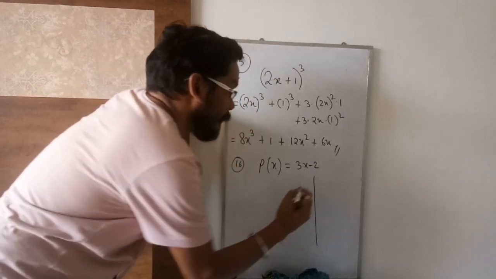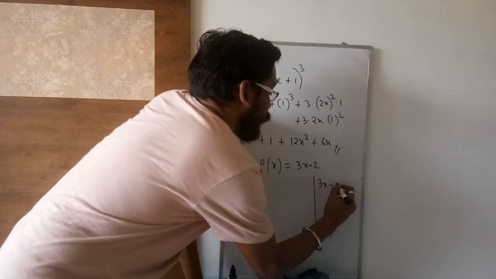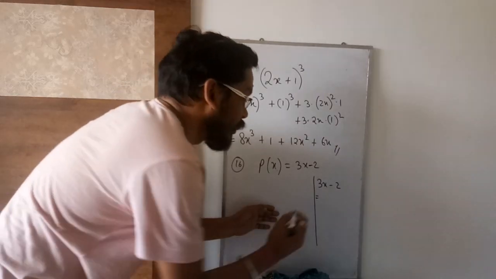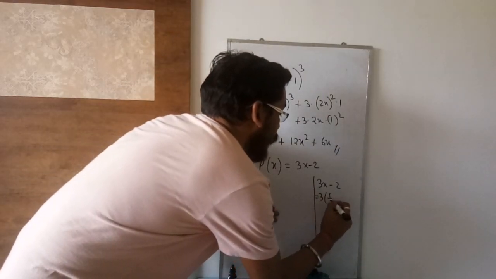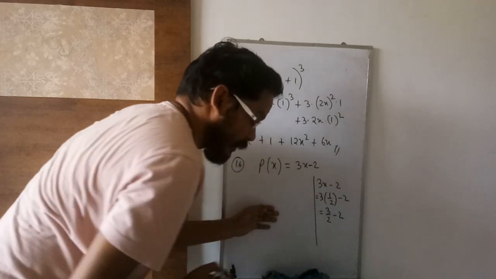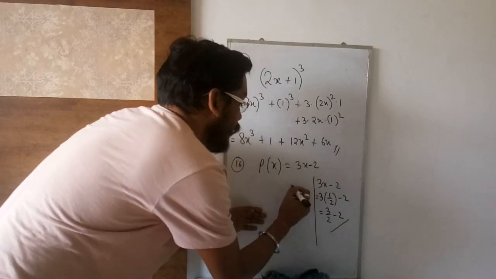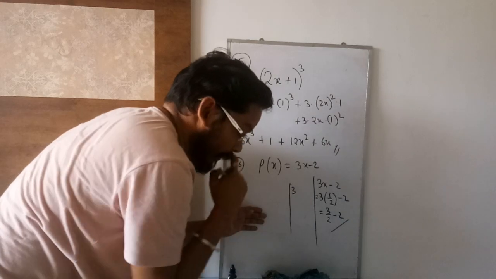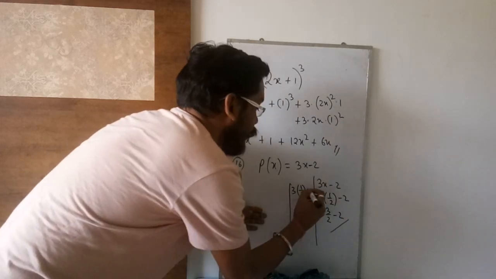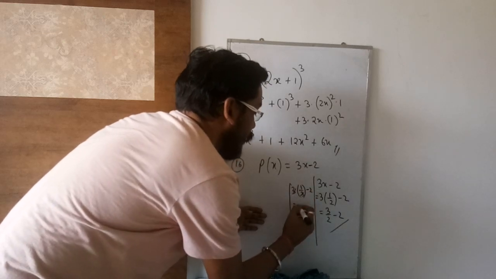So first value is half. So it is 3x minus 2. I have to put the value of x and check for what value I will get 0. So 3 by 2 minus 2, you will not get 0. Next value is 1 by 3, so I will put here 1 by 3 minus 2. So 3 3 cancel, you will get 1 minus 2.